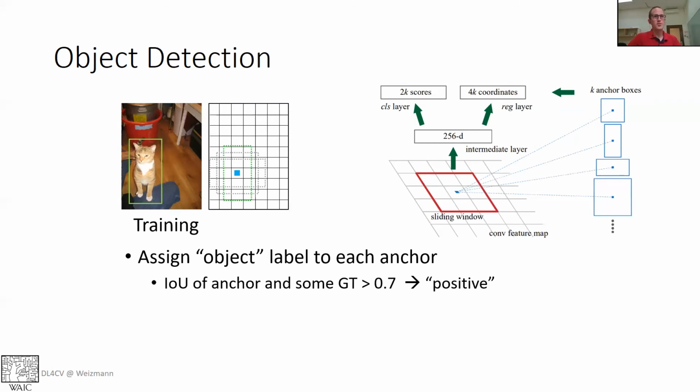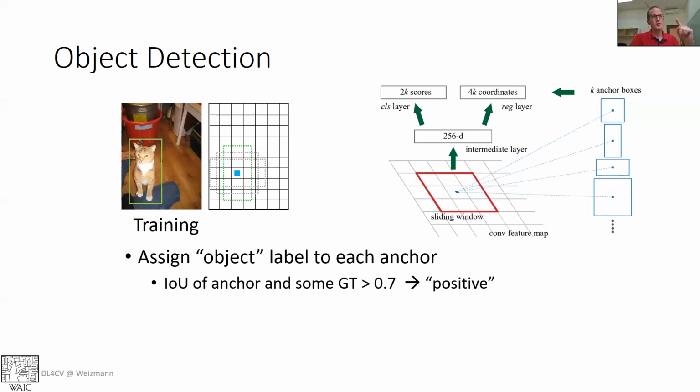If the anchor doesn't overlap the object at all, then it won't be able to predict where the object is, because it doesn't really know. But if it has enough overlap, then it has enough information about the object, and it can produce the bounding box where to crop the region for the second stage. So we are only talking about the first stage here.